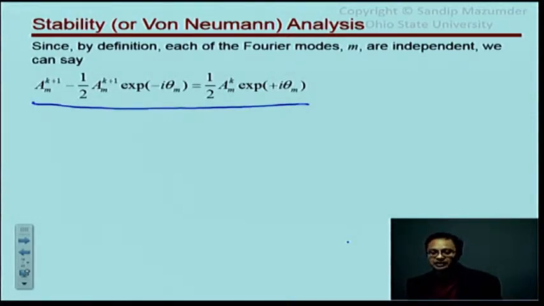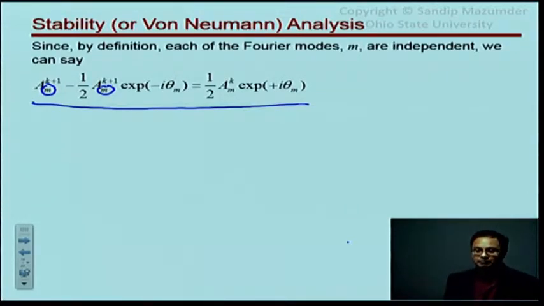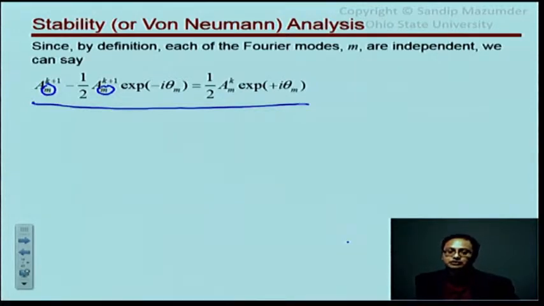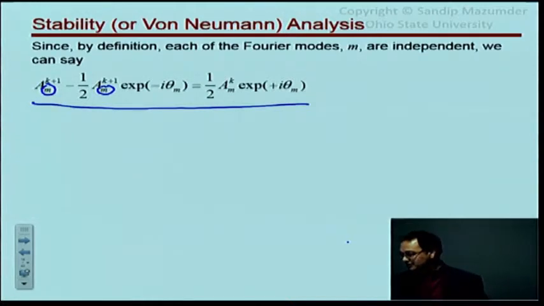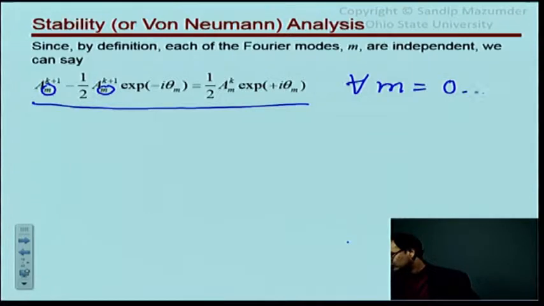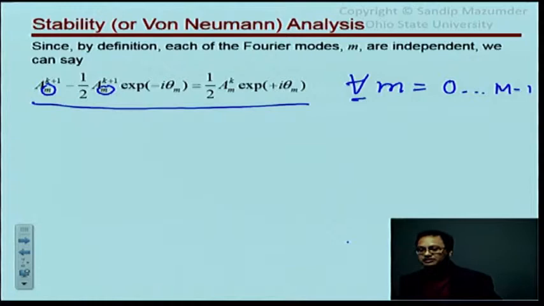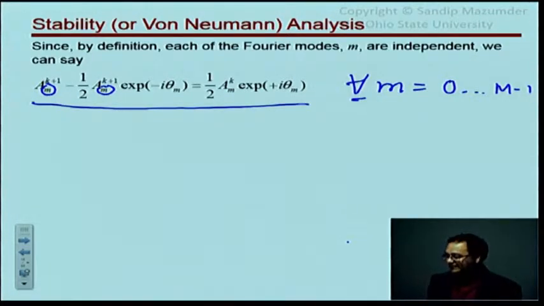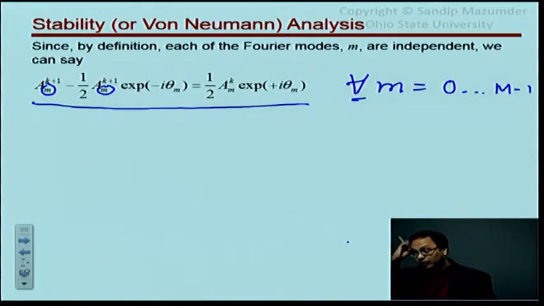Every Fourier mode, m, must satisfy that equation, for all m going from 0 to M minus 1. This sign I'm using here means for all. Some of you may see it in the notes and it might be confusing, but that's what mathematicians use for all.